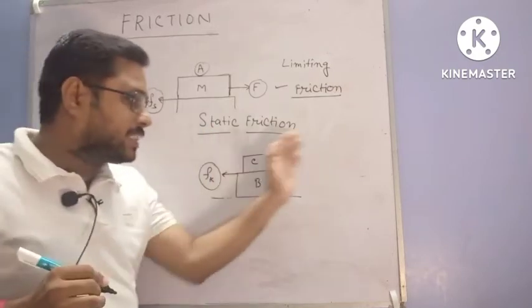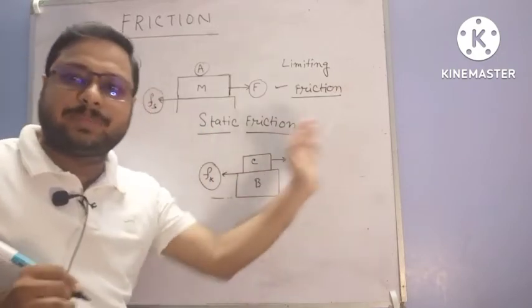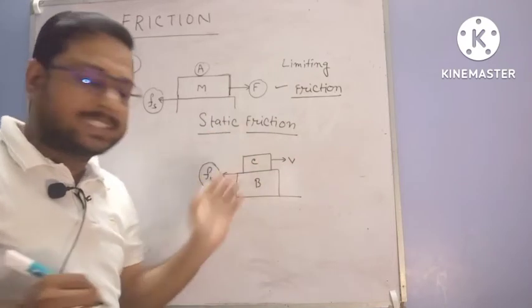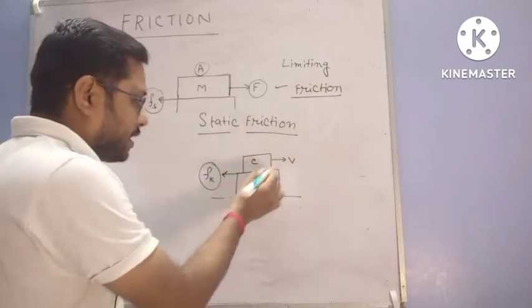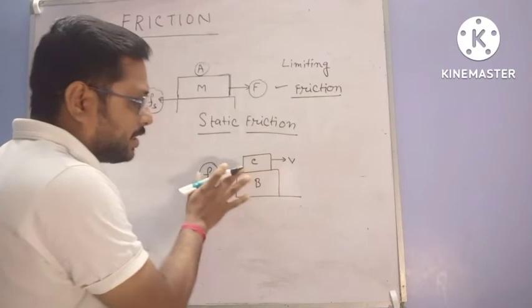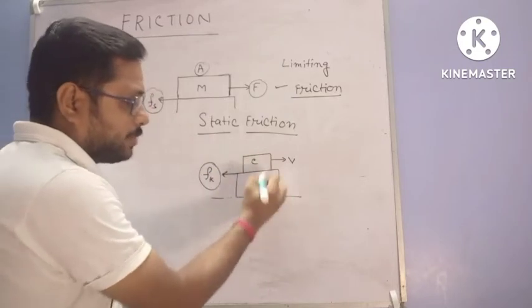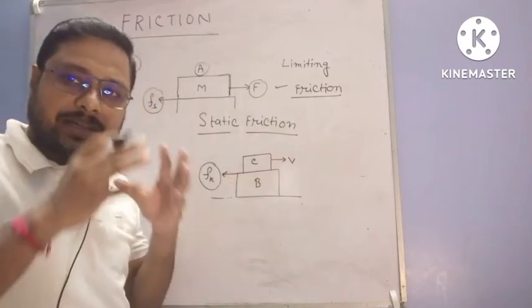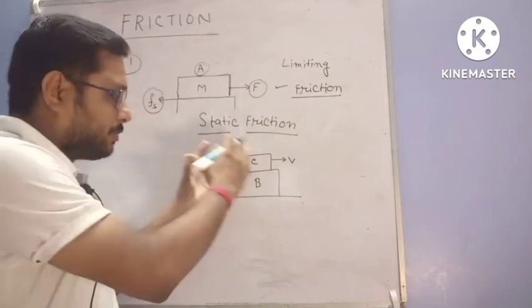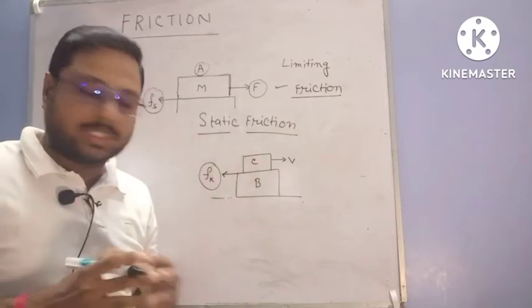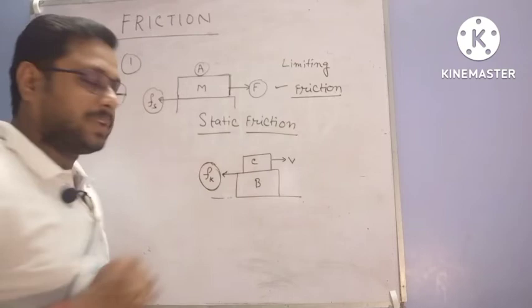And when the object moves with velocity v, then the friction arises to decrease the velocity of C relative to B. That is, it opposes the motion of the body, which is called motional friction Fk.